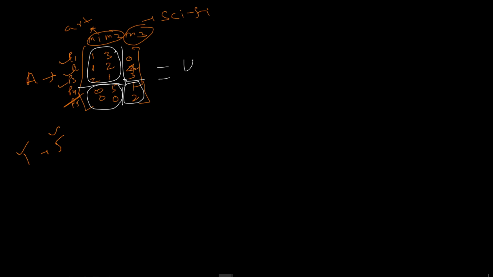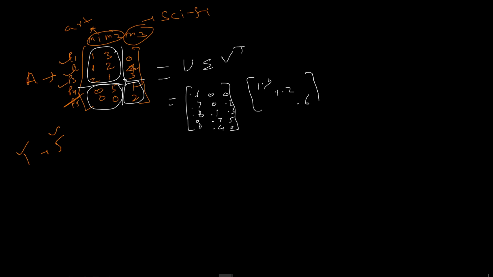Then you are getting sigma as 1.9, 1.2, 0.6, with zeros elsewhere. Then you are getting V transpose for 3 movies M1, M2, M3: 0.9, 0.7, 0.6, 0, 0.2, 0, 0.1, 0.2, 0.7, 0.8. Then you are getting some random value. This we consider.